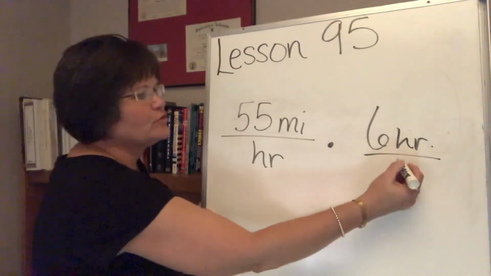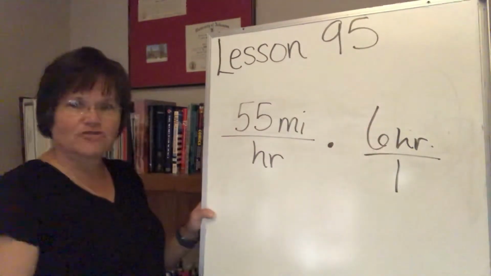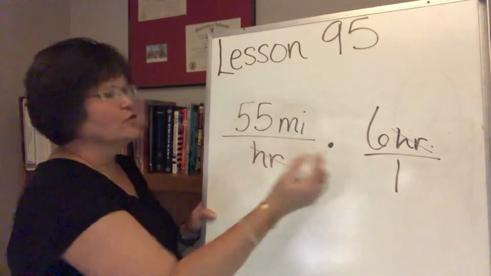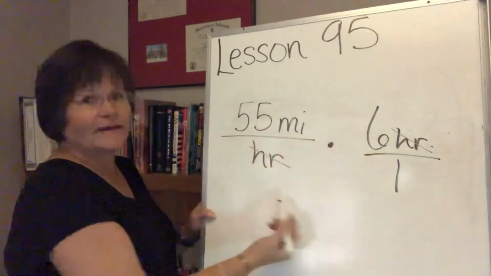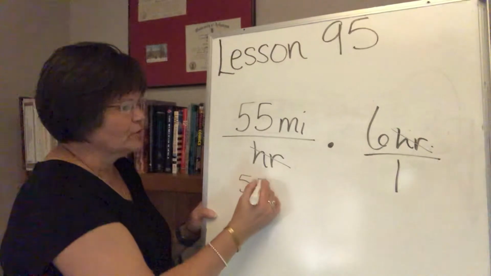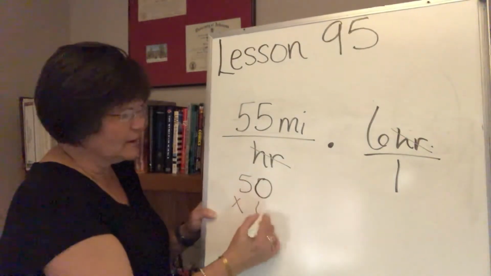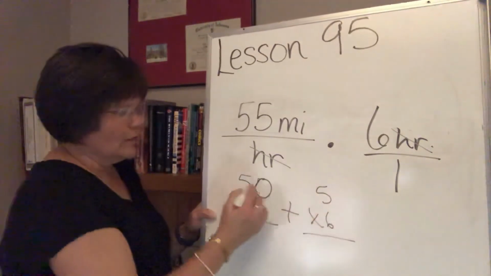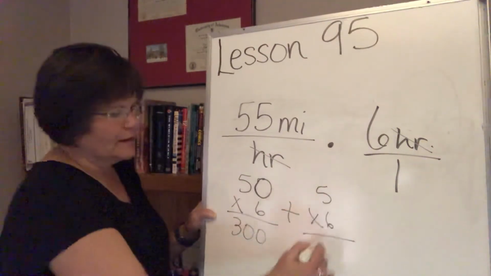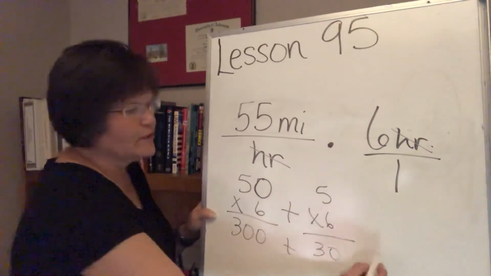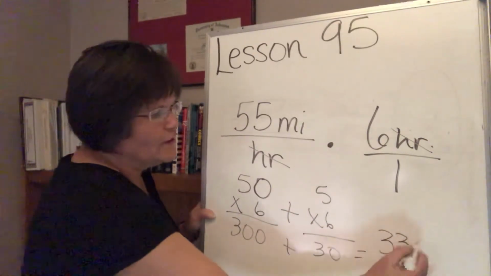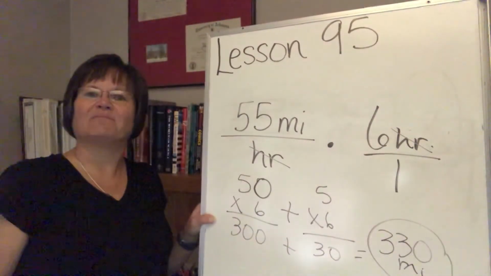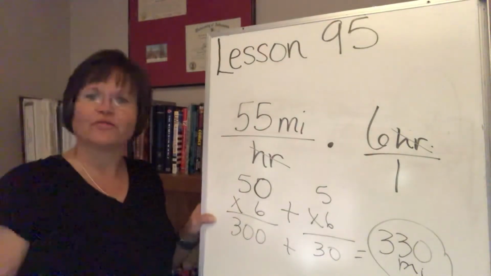You would set it up as a multiplication problem, and the units that would cancel would be the hours. So you could multiply 55 miles by 6. Sometimes I like to do it like this: 50 times 6 plus 5 times 6. I know that this is 300, and I know that this is 30. So 300 plus 30 is 330 miles. So you would travel 330 miles.